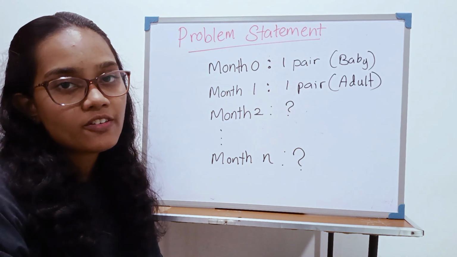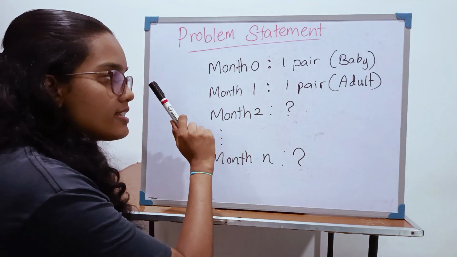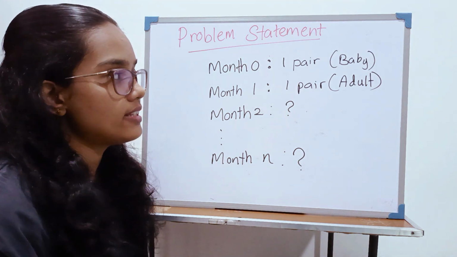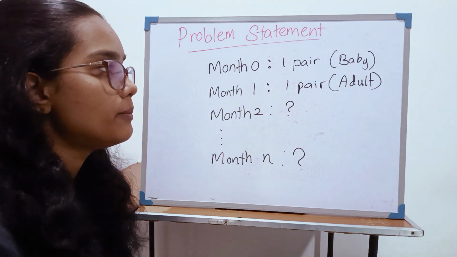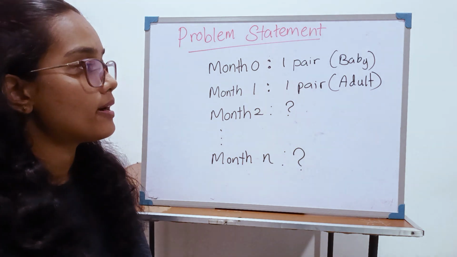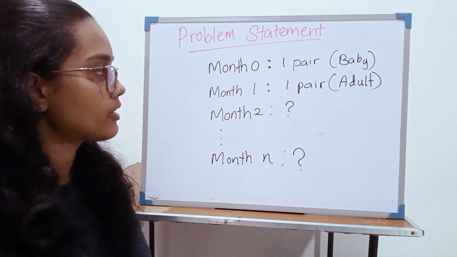Now let's look at our problem statement. In month 0, we have 1 pair of rabbits. They are baby rabbits. In month 1, the baby rabbit pair has now grown into adults, but still the total number of pairs is 1.